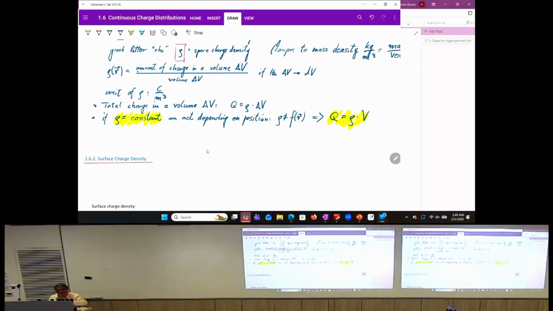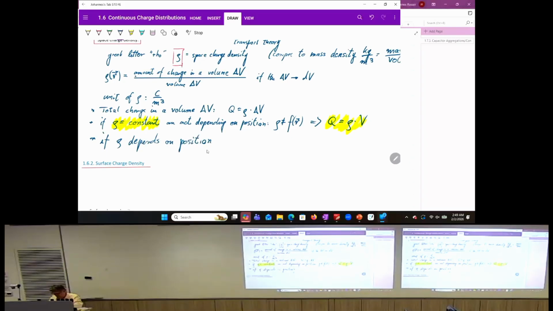However, in the more general case, we have a rho that depends on a position r. That means we have a rho of r. And then what becomes our charge? Well, the charge is then a function of the volume, and we obtain it by integrating the charge density over the given volume in this fashion here.